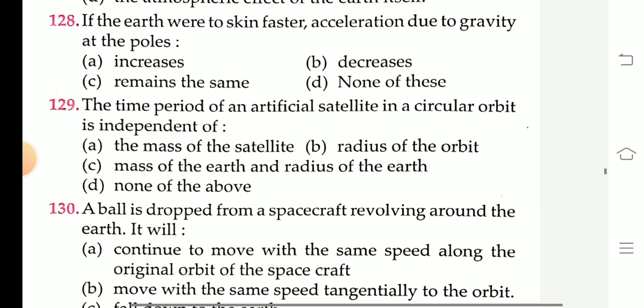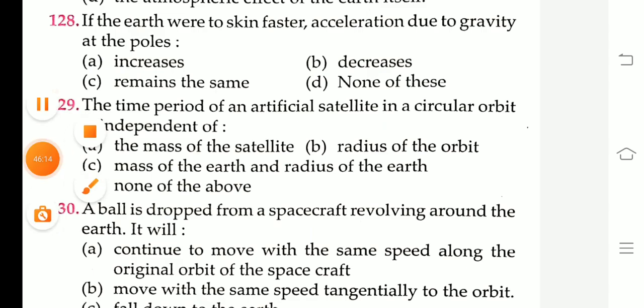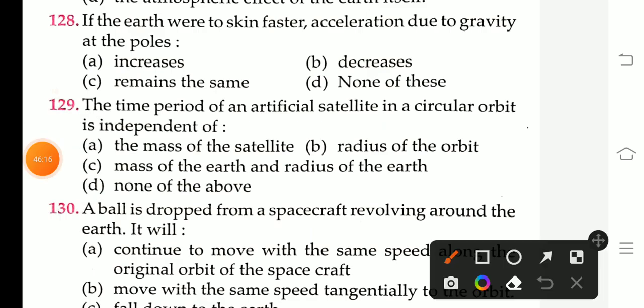If the earth were to shrink, with acceleration due to gravity at the poles remaining the same, the time period of an artificial satellite in a circular orbit is independent of the mass of the satellite.